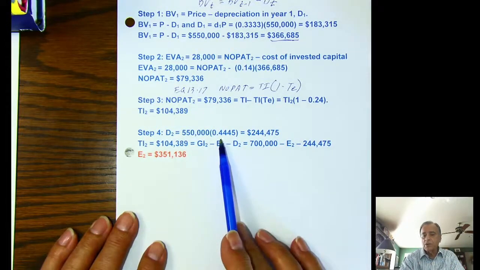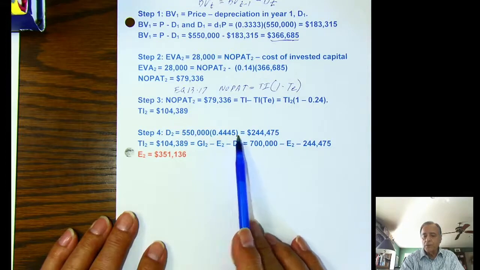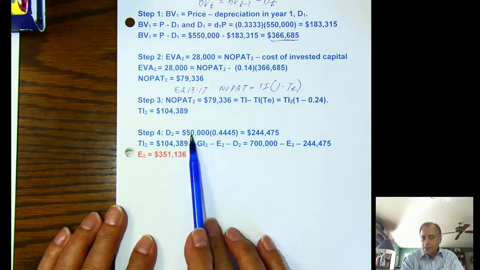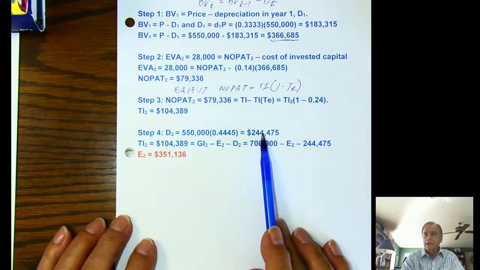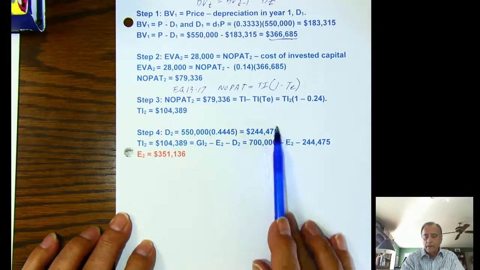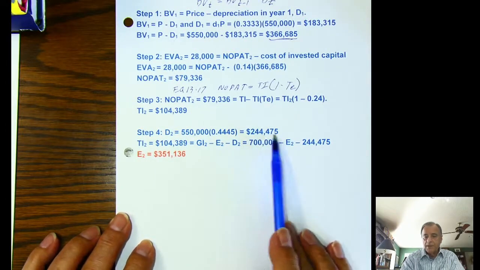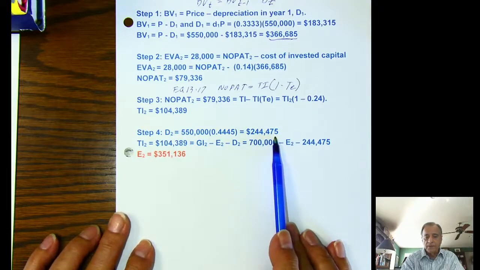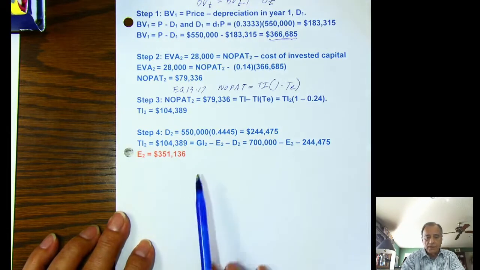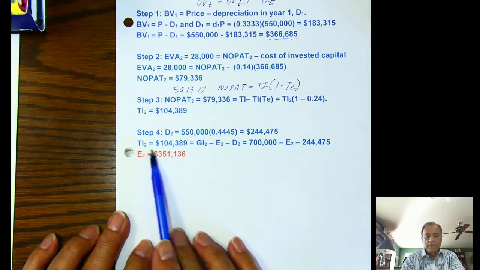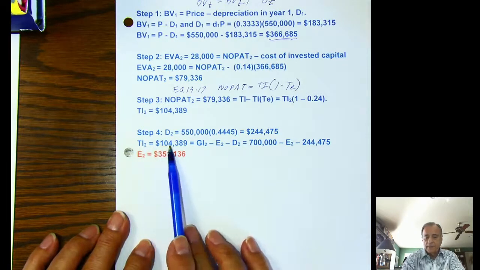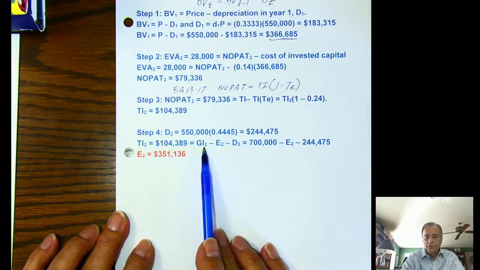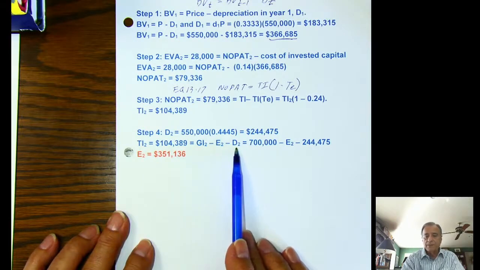In year 2 it's 0.44545. Multiply that times the original price. The second year depreciation of that machine is $244,475.